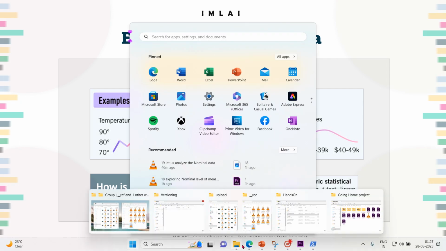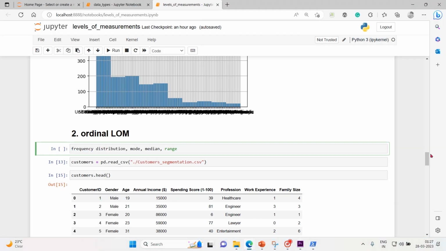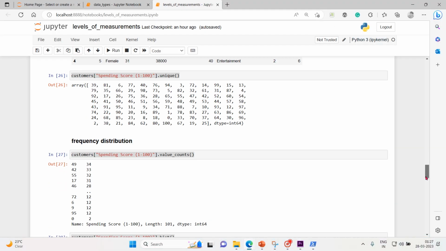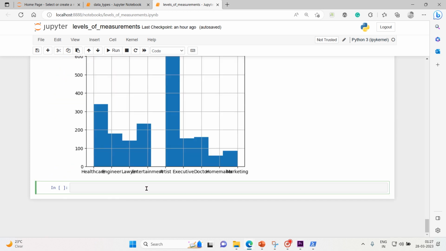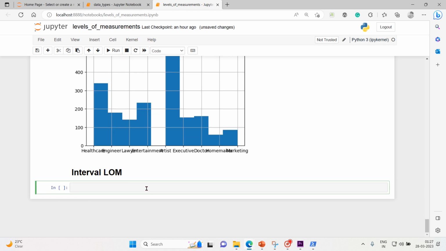Let me put it in our Jupyter editor. So this is the interval level of measurement.